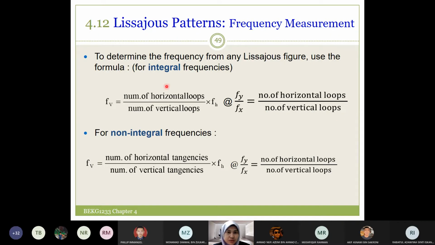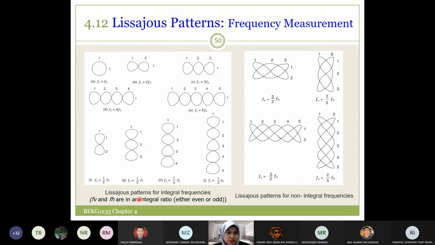This is for integral frequency, and this is for non-integral. The formula is the same: Fv over Fh, horizontal loops divided by vertical loops.